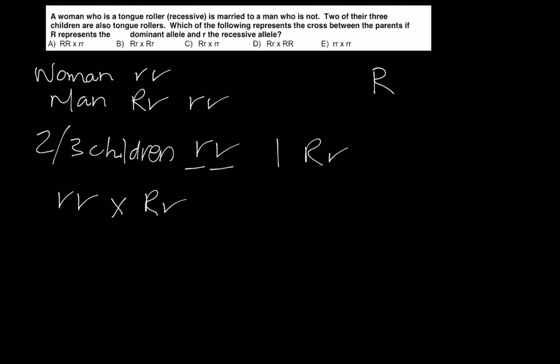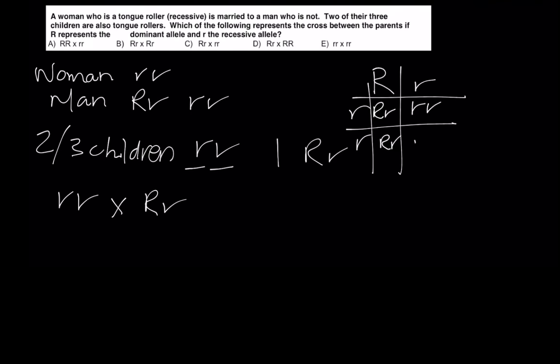So doing the cross between the heterozygous and the homozygous reveals that we'll get heterozygous, heterozygous, and homozygous recessive, homozygous recessive. So half will be heterozygous for the trait, and the other half will be recessive for the trait.